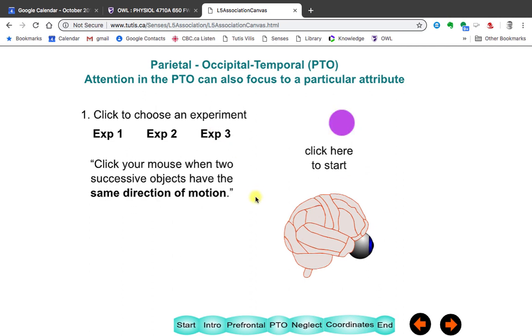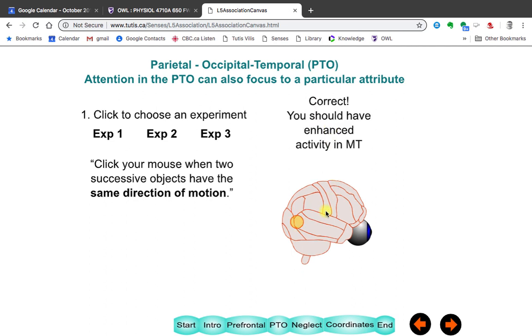And finally, if we asked you to click when two objects are moving in the same direction, okay. So again, in that case, if I click right, MT would become active.